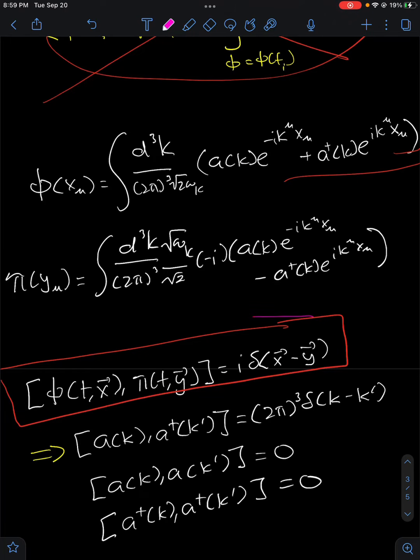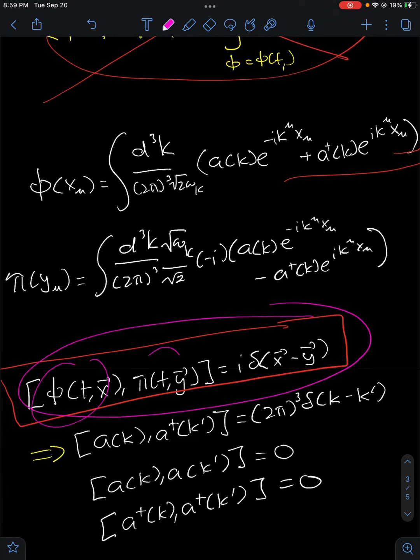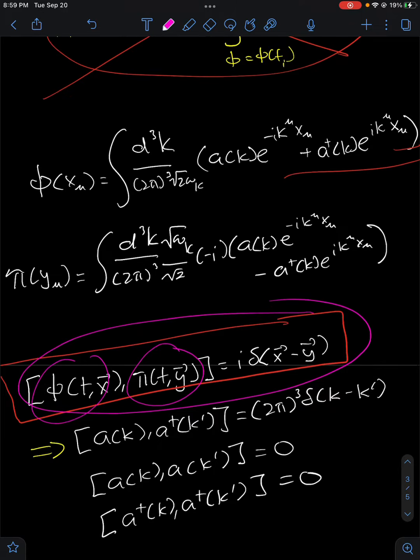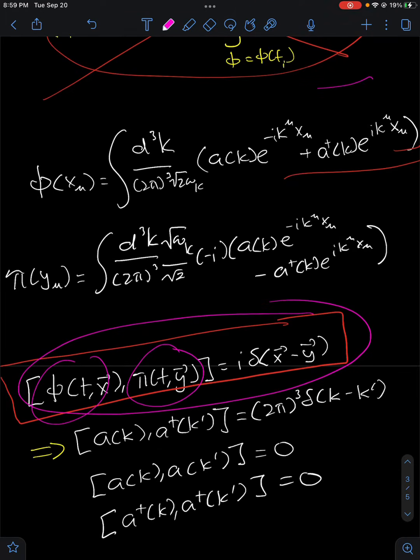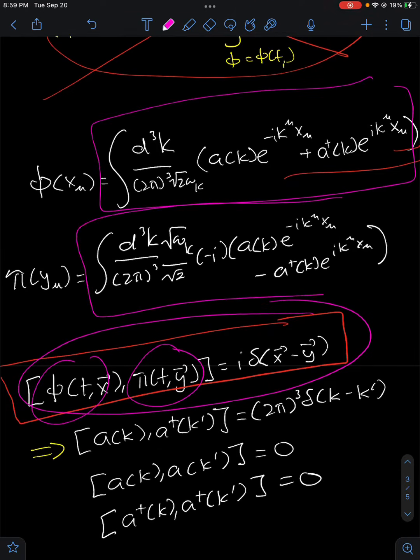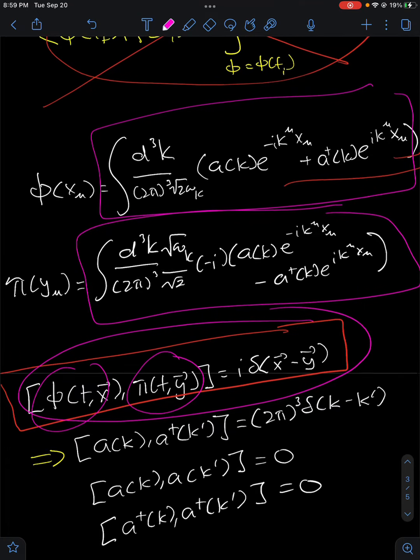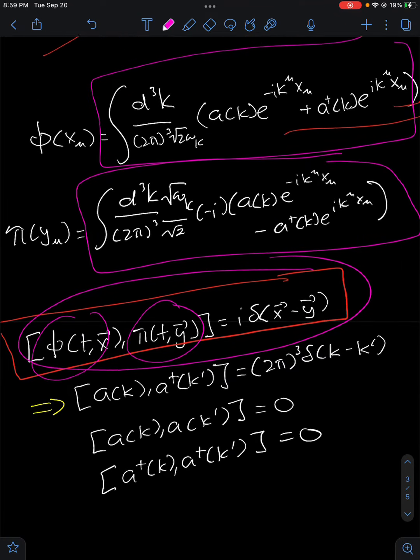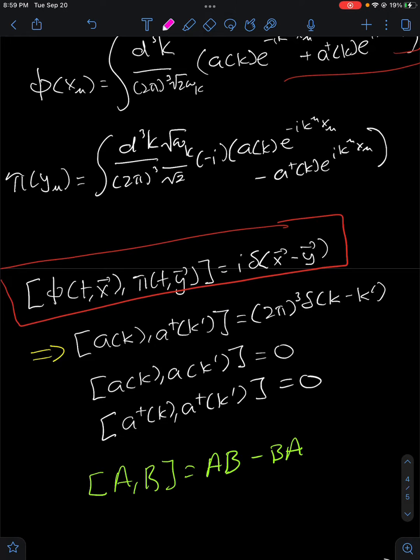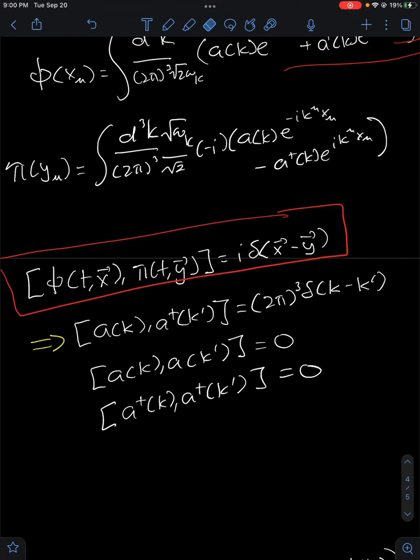So, yeah. If we were to actually write out this commutator, and we were to expand phi and pi in these more expanded terms, and we crank out the math, we will actually end up with these 3 relations over here.